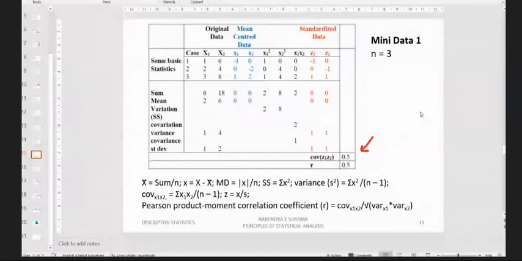Covariance matrix is a matrix that represents the variances and covariances of the variables. So there are two variables, x1 and x2.